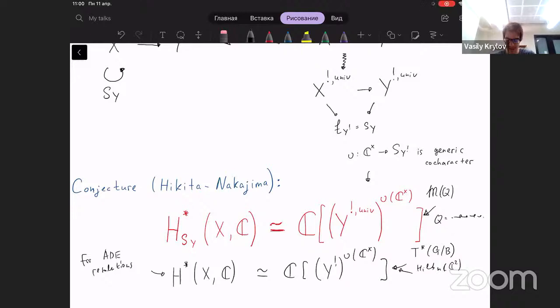Okay, so there are some cases when this conjecture is known, but certainly not so many of them.